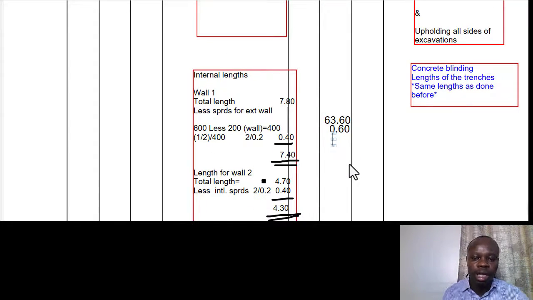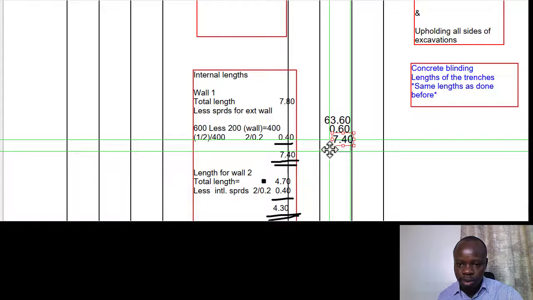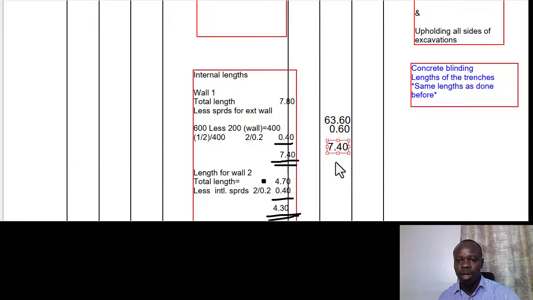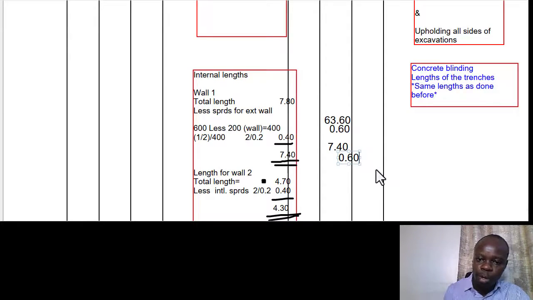walls, and this is 7.40, and let me just pull this down a bit. Okay, 7.40 and 0.60.